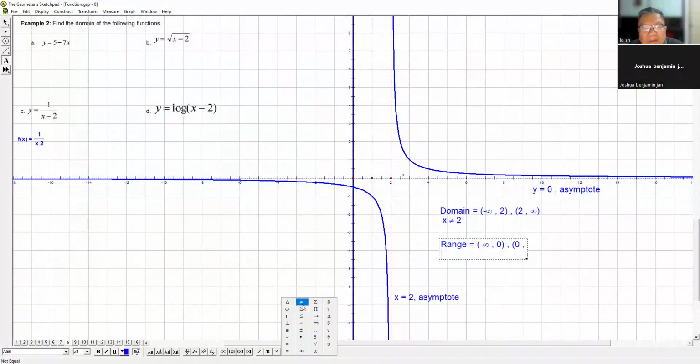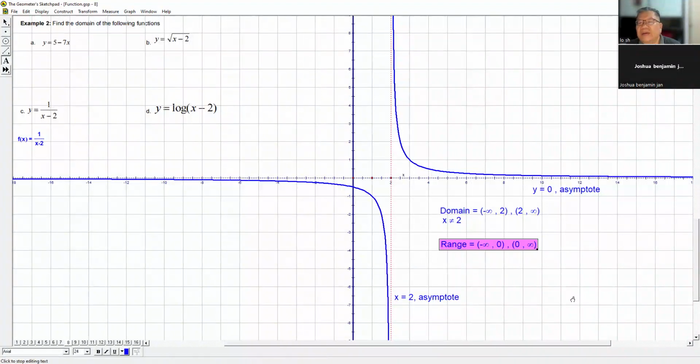How to write the 2 parts? Okay, so it's like this. Sometimes they write one above the other. Sometimes it is written like this. How to write it?